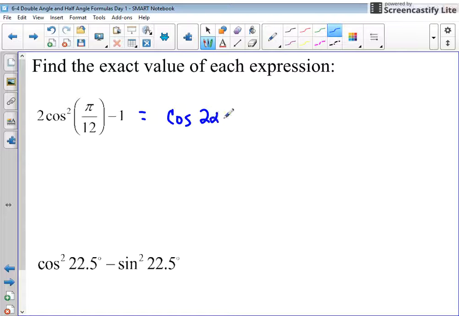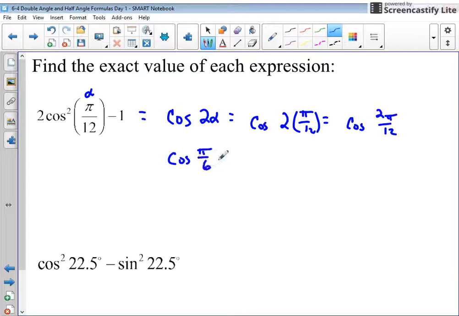Well, alpha is this angle right here. So we could say that's a formula for the cosine of 2 times pi over 12. Well, 2 times pi over 12 is 2 pi over 12, which is pi over 6. So really, this is a formula for finding the cosine of pi over 6.